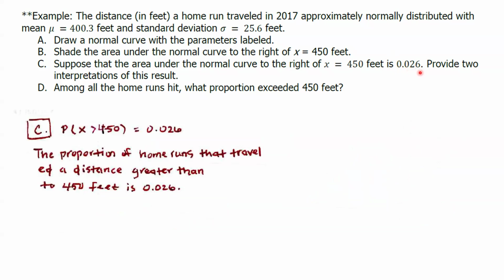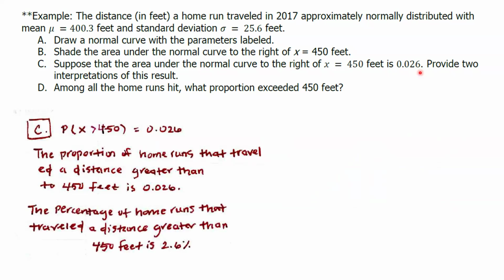0.026. So that means that the proportion of home runs that traveled a distance greater than 450 feet is 0.026, or that the percentage of home runs that traveled a distance greater than 450 feet is 2.6%.